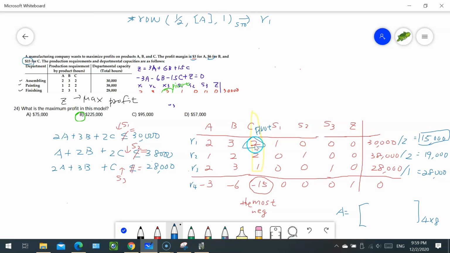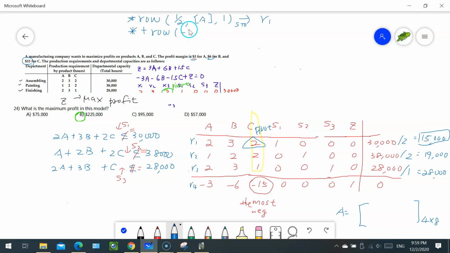Once this number 2 turns to the 1, then we can multiply by a negative value of negative 2 here, and plus row 1. Multiply by negative 2 with row 1, plus row 2, go back to row 2. So you have *row+.